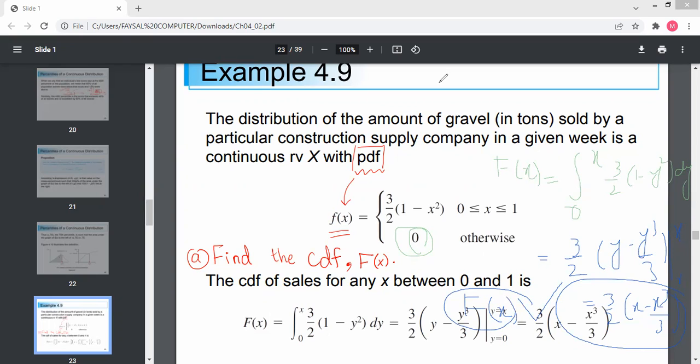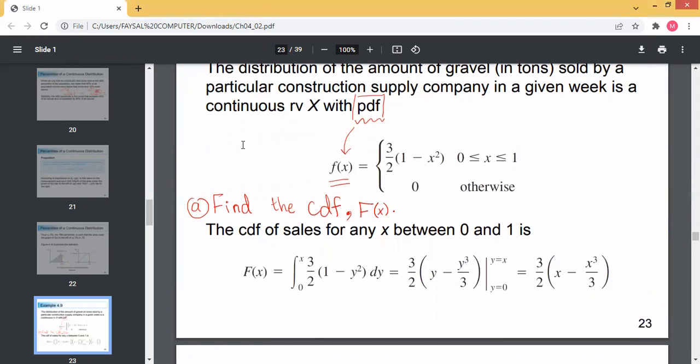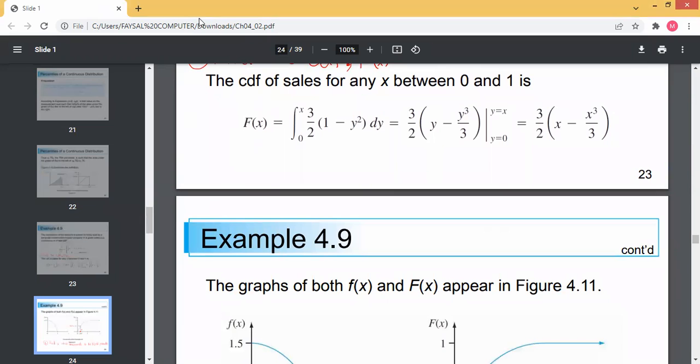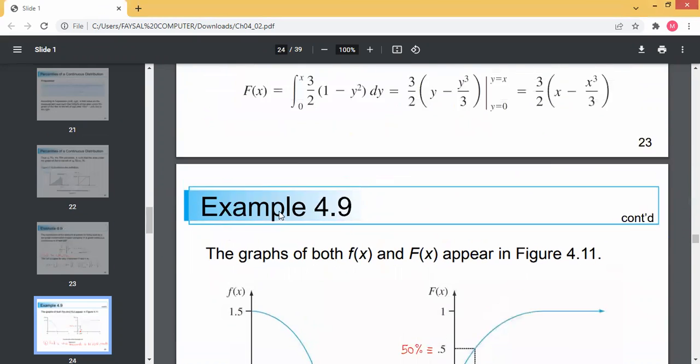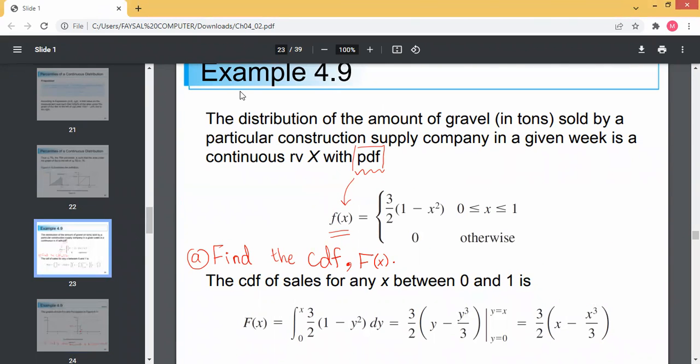Okay, moving toward the next example. First I have to find that f of x is basically this one with x square, and my capital F of x is x cube.